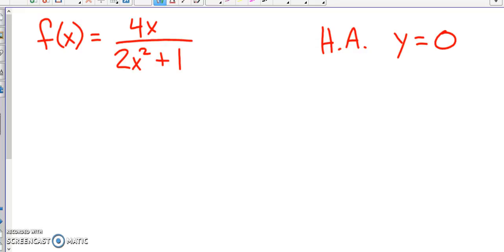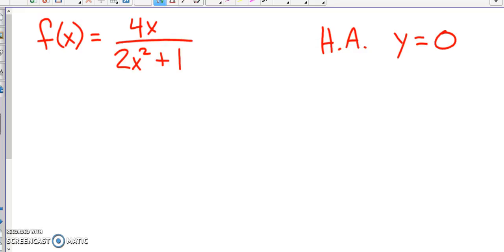Why did you say it's not a vertical asymptote? Like, how do you tell the difference? Remember that division by 0 causes vertical asymptotes as long as there's no common factor. And what I was saying was, if you square a number, you end up with either 0 or a positive number, right? And then if you add 1 to it, you're going to end up with a positive number. So this thing right here is never equal to 0.